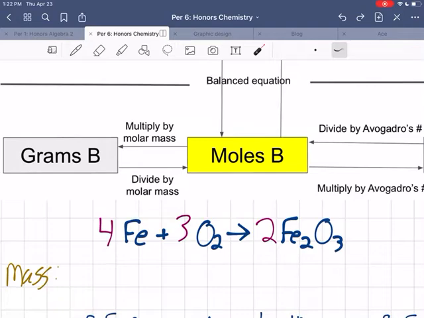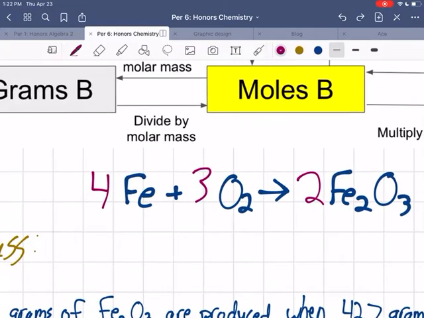Okay, so on your periodic tables, you should be able to find iron's molar mass. I'm going to find it real fast. Iron's molar mass is 55.845.